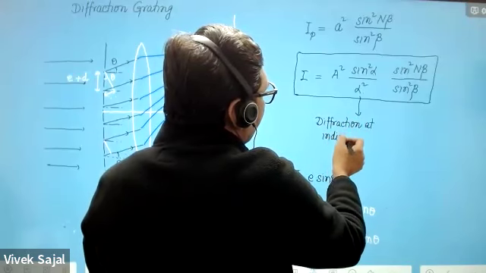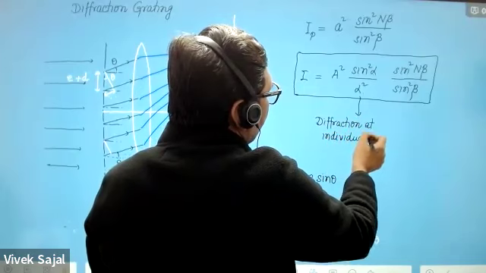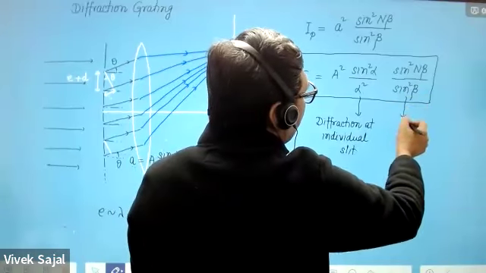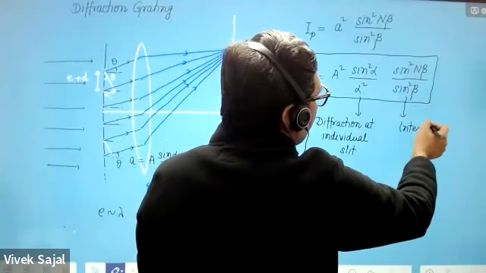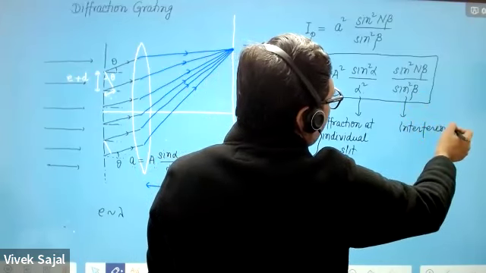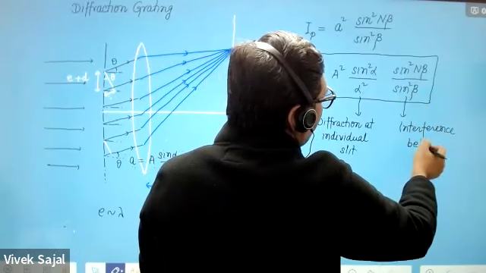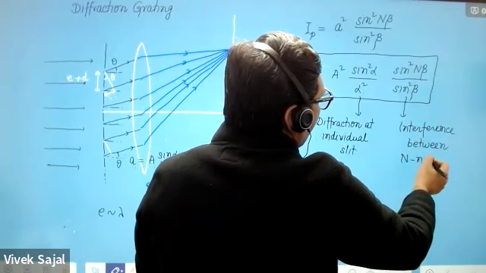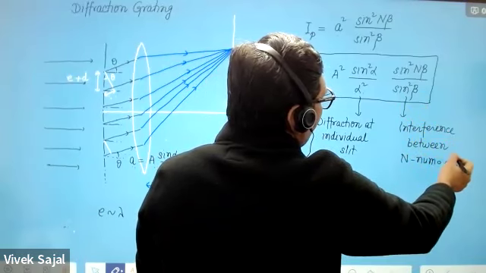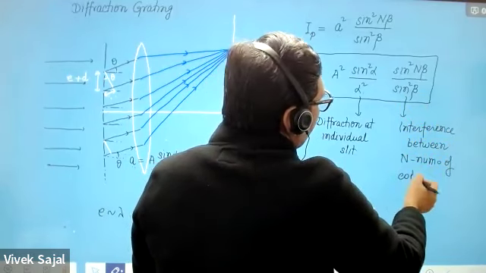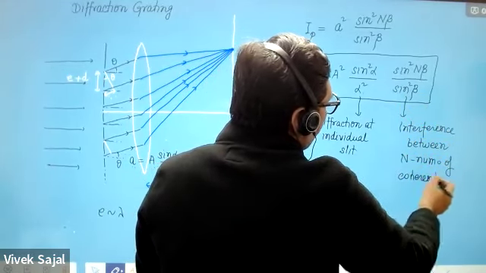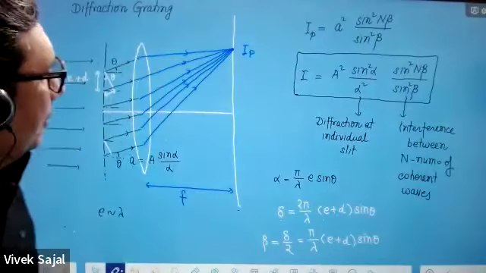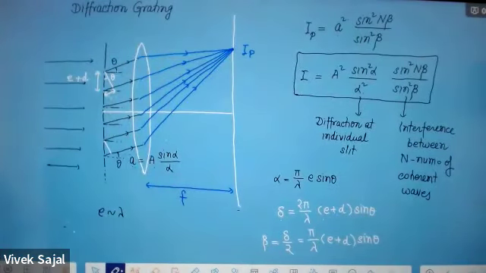And this is due to interference that is taking place between n number of coherent waves. So this formula you have to remember. Okay, this formula you are going to remember.